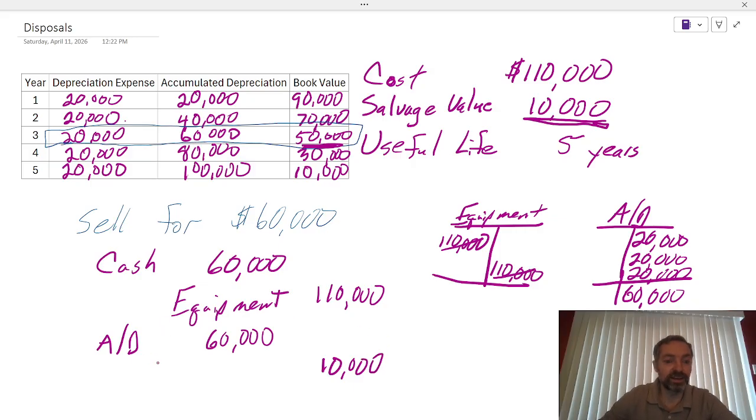This is a gain, meaning we, quote unquote, made money on selling this equipment. Our balance sheet said it was worth, again, quote unquote, worth $50,000, but someone paid us $60,000. So we made $10,000. And that is a gain on disposal.